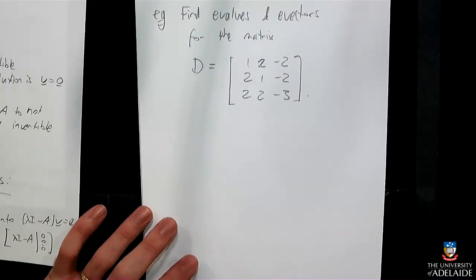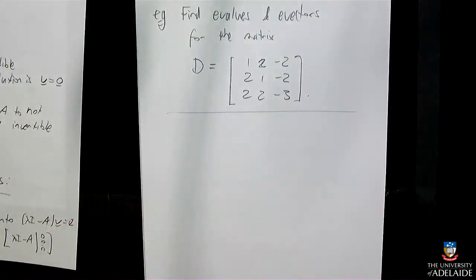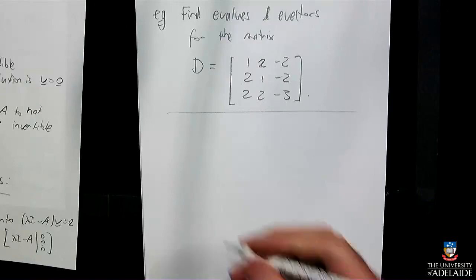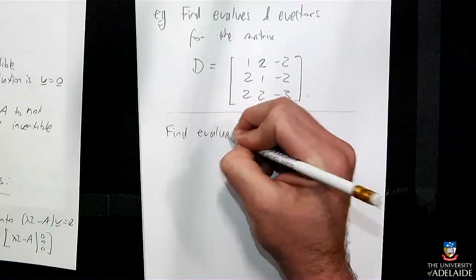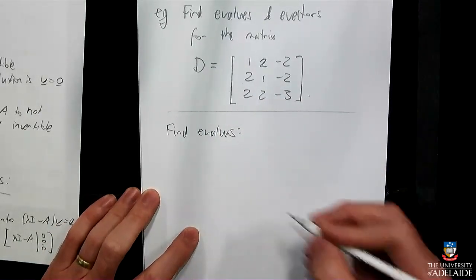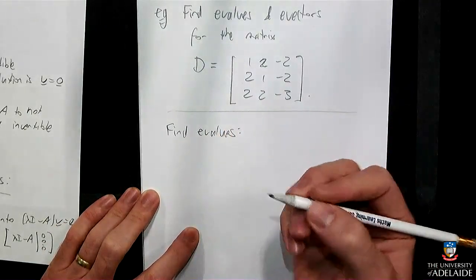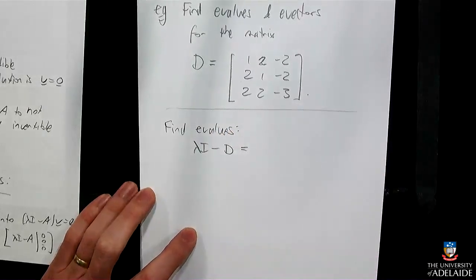So, let's do it. Let's find the eigenvalues, which means what we need to do is we need to find the determinant of lambda I minus D. So first I will write down what lambda I minus D is.